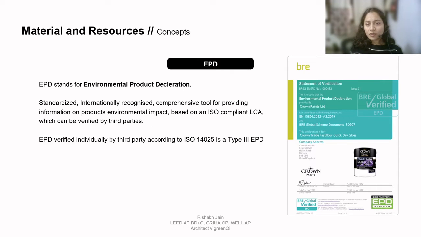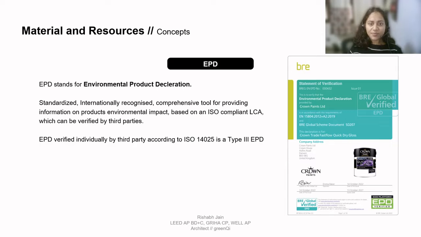So let's move to the second thing, which is EPD, Environmental Product Declaration. This is basically a standardized, internationally recognized, comprehensive tool for providing information on products or materials based on their environmental impacts. This is based on ISO compliance.